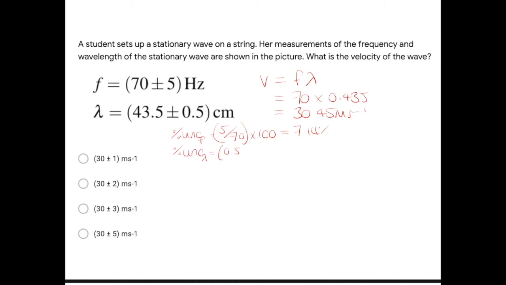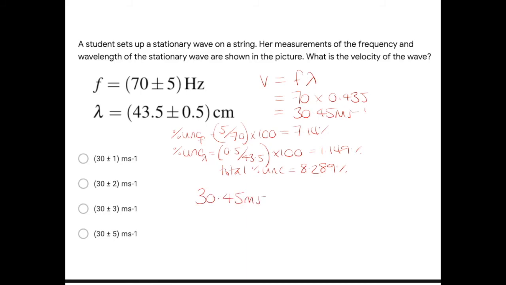Our percentage uncertainty in lambda, we do exactly the same way, so 0.5 divided by 43.5. Again, remember I can leave them both in centimetres because it's relative. Times it by 100 gives us a percentage uncertainty of 1.149%, and therefore our total percentage uncertainty is the sum of those two, which is 8.289%.